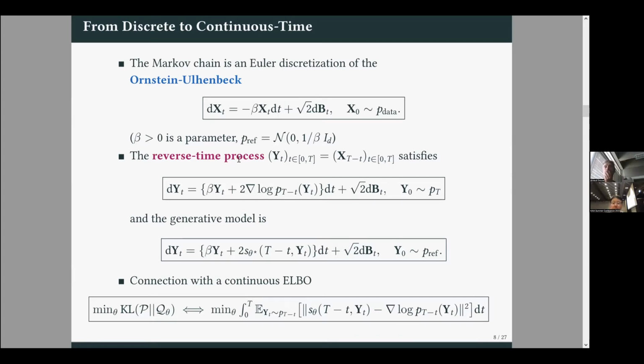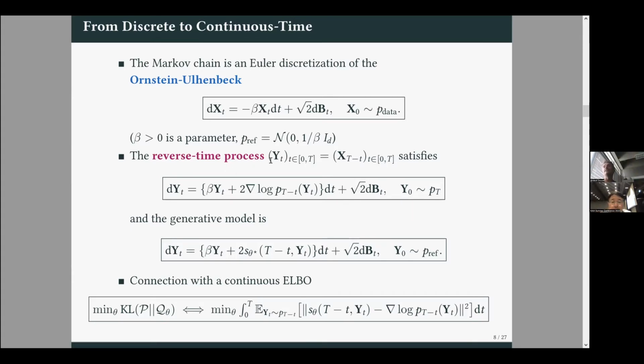Now, what is the equivalent of this ancestral sampling procedure when you think of a diffusion process? Well, if you look at my diffusion process forward, from 0 to time t, you can also look at this continuous time process in the backward, time reverse direction.